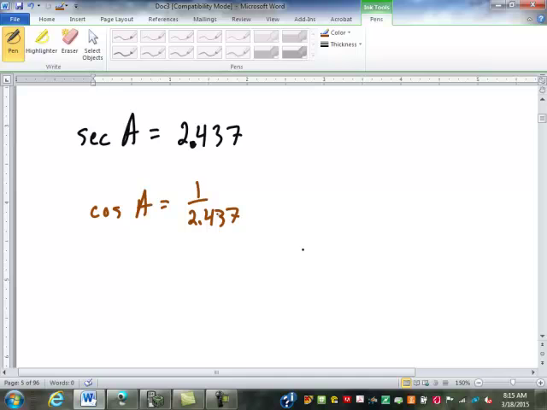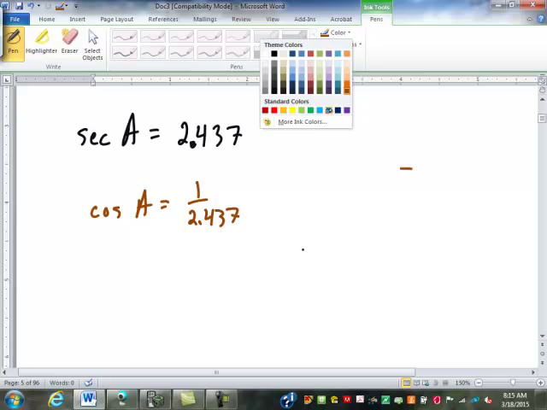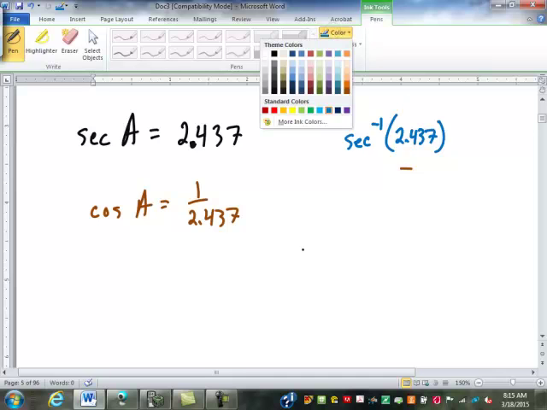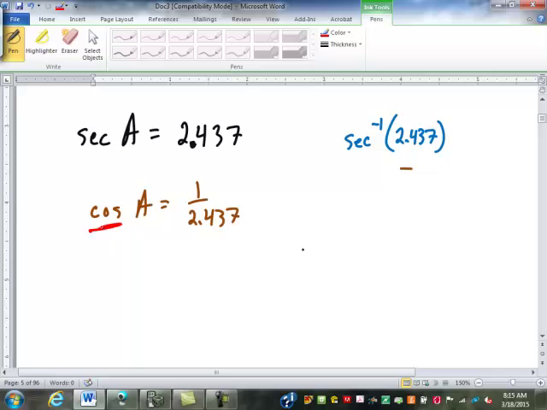So the way we calculate an inverse secant, because what we really want here is the secant inverse of 2.437. And again, the good people at Texas Instruments or Sharp or Casio did not see fit to give you that key. So what you have to use is the inverse cosine.